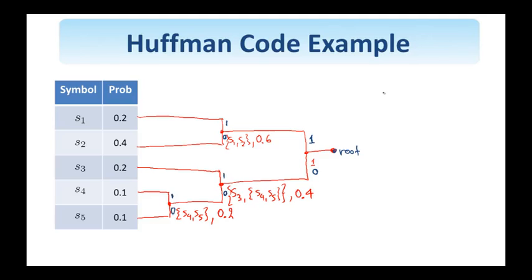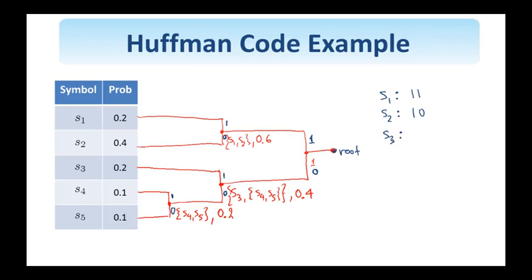So looking for the code word of symbol S1, I start at the root and try to reach S1. So I go through N1 and the second one. So the code word for symbol S1 is 1, 1. The code word for S2, I start at the root, so I have N1 followed by a 0.